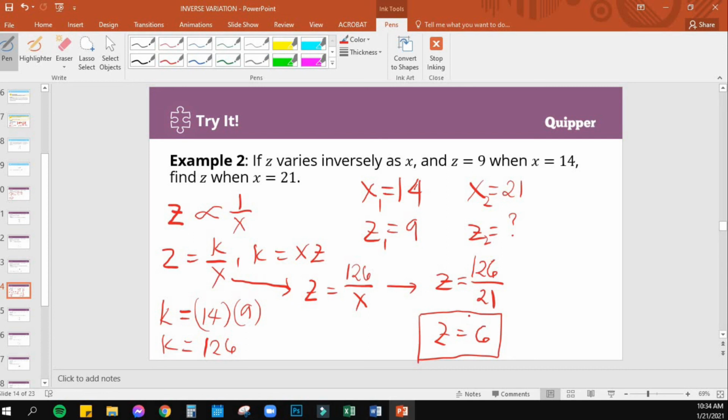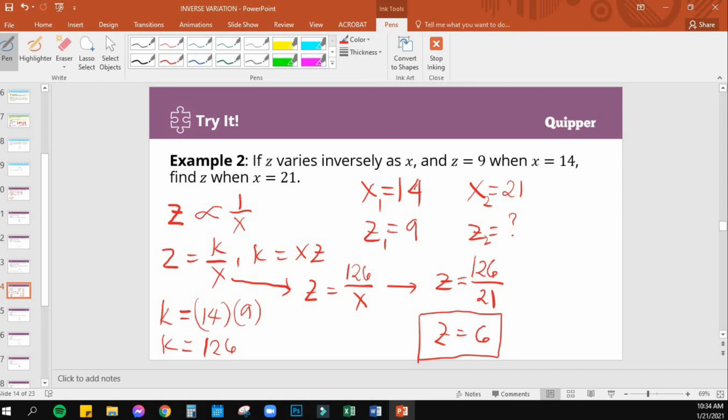To check, analyze muna natin kung nagbago ba siya. Kung ang pagbabago ba ay same with the concept of inverse variation. Okay, observe natin yung x variables. Yung x sub 1 is 14, yung x sub 2 is 21. So, tumaas yung variable. Tama? From 14, naging 21. So, dapat yung z variable, bababa.